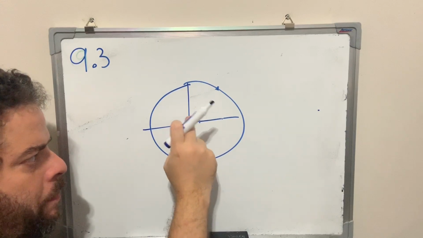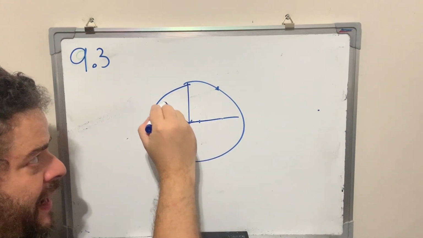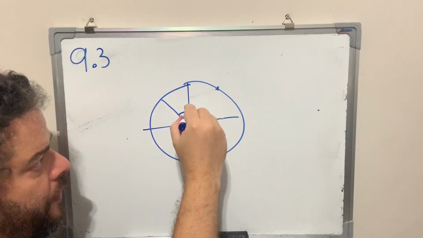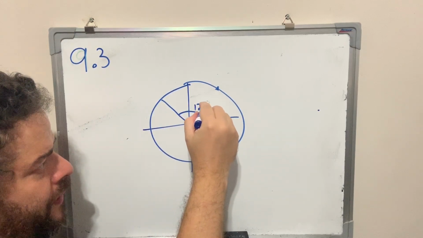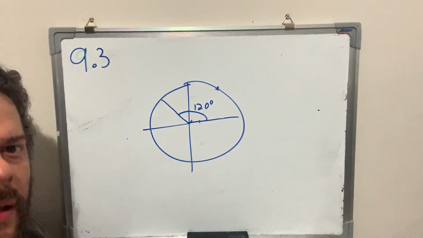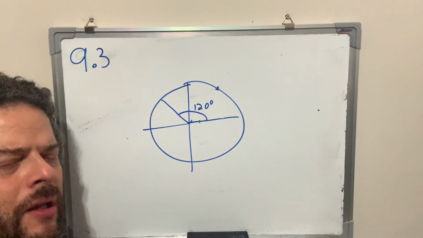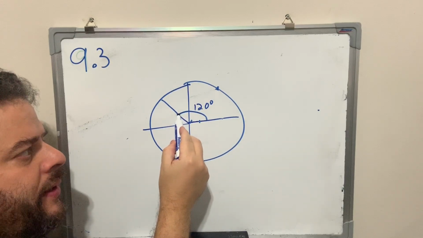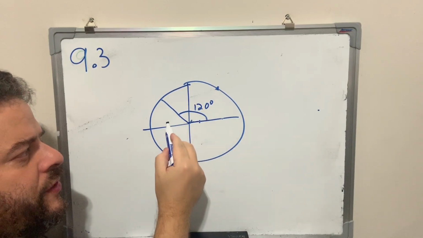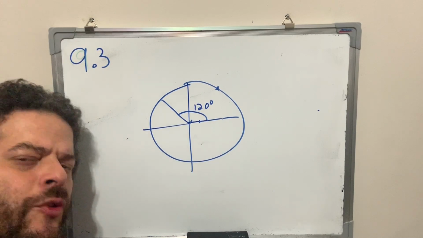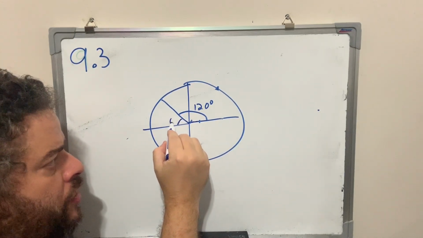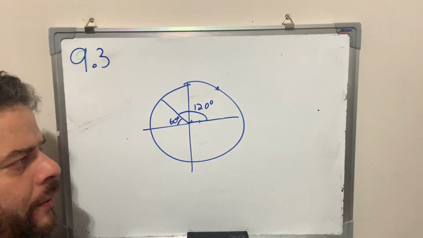Now let's use a bigger angle. Let's say this angle is 120 degrees. For the people who already got this, you know that if this angle is 120 degrees and a semicircle is 180 degrees, then the reference angle should be 60 degrees.